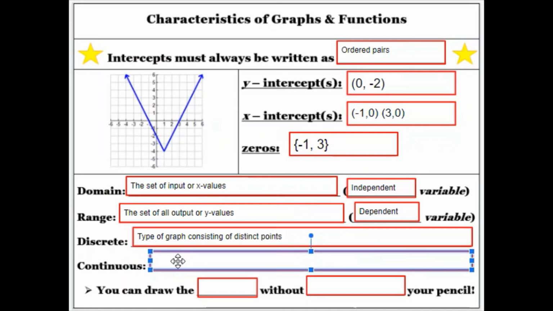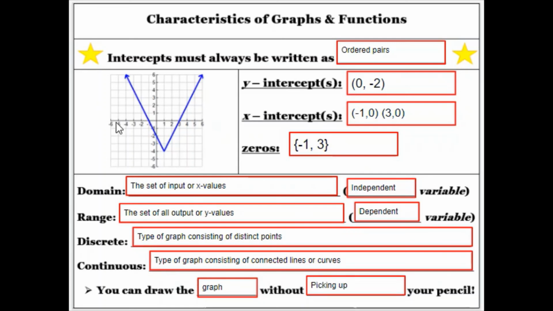If it's continuous, it is a type of graph consisting of connected lines or curves. If it's continuous, that means that we can draw the entire graph without picking up your pencil.